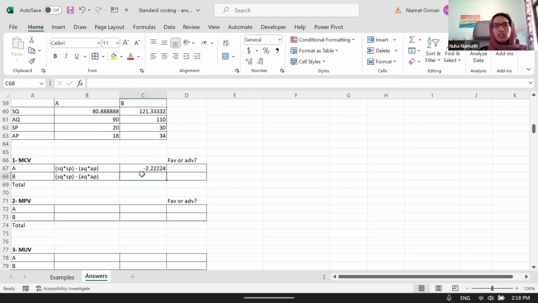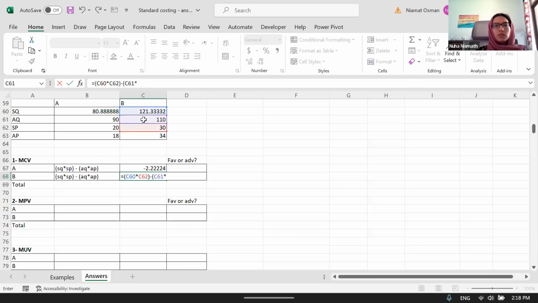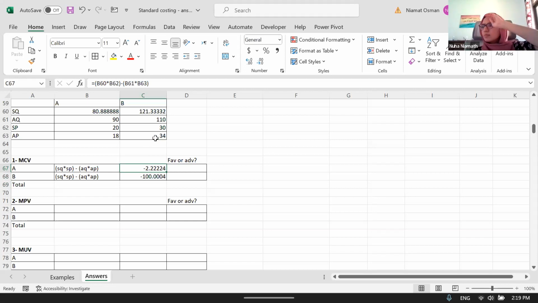So now it's getting 160. What is wrong with my formulas? SQ into SP minus AQ into AP. Perfect. Yes. Okay. So now how did you get 160 adverse?